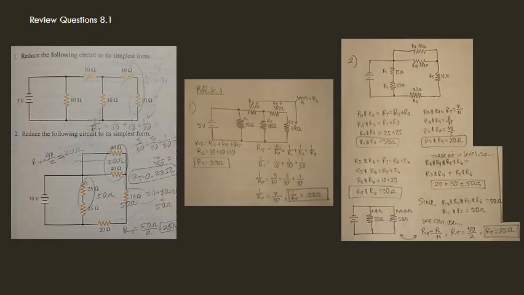Some review questions for this section, 8.1. First one is to reduce the following circuit to its simplest form. So here we have a circuit that has both parallel and series features.